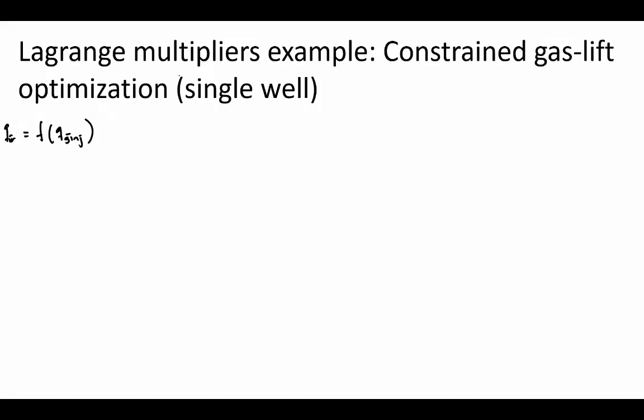But now the constraint is that Q gas injection has to be smaller or equal than the Q gas total. Okay, there is a limited amount of gas that I'm able to supply. So what I do is create the Lagrange function.